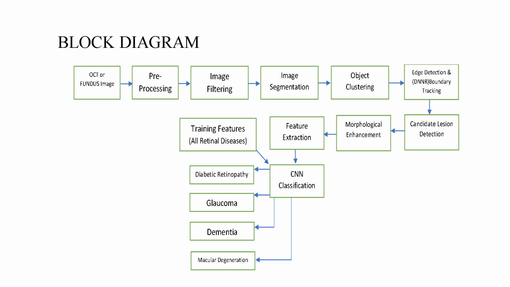Later, moving to the block diagram, here we can see OCT and fundus images, pre-processing and image filtering, image segmentation, object clustering, and edge detection and boundary tracking. The main aim of the proposed methodology is to identify and forecast the health issues related to OCT and fundus scan images.